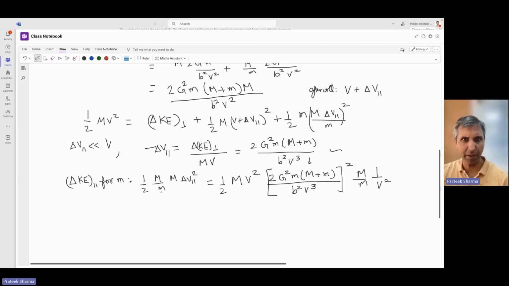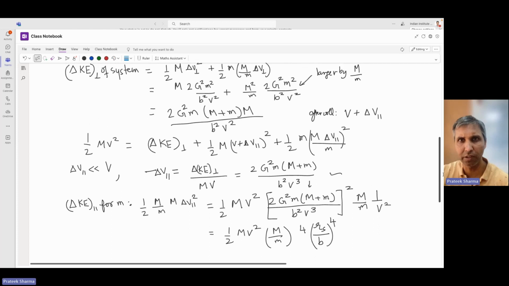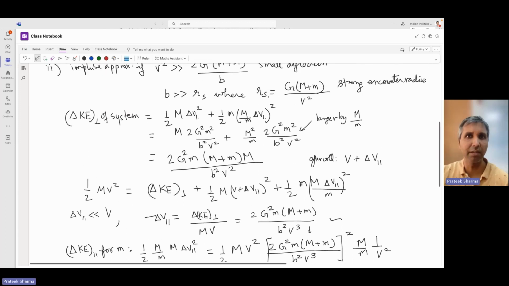This capital M by small m is just that. There are some manipulations that are done, but you get this. So you can write it as half times m V squared times capital M by small m times 4 times Rs by B to the 4. This Rs is just this, right?